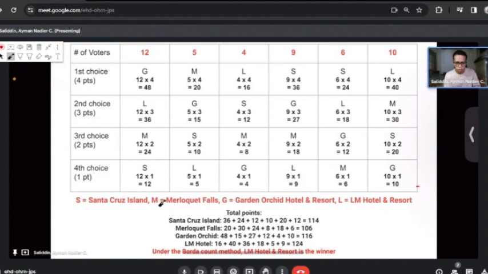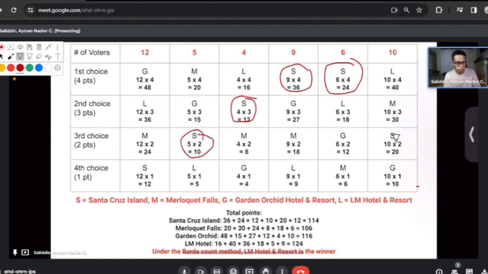So the total points for Santa Cruz Island, for S, we have 36 plus 24 plus 12 plus 10 plus 20 plus 12, which is a total of 114.